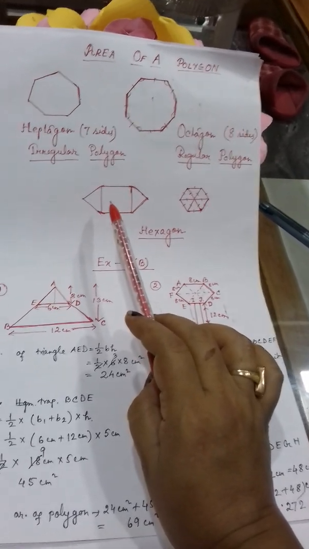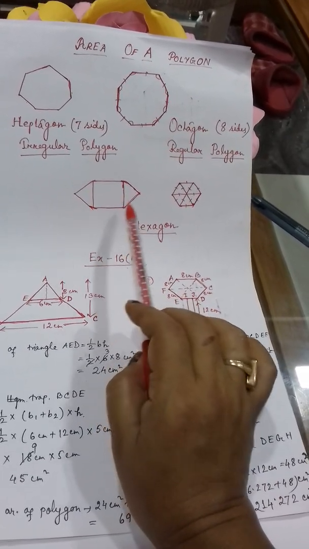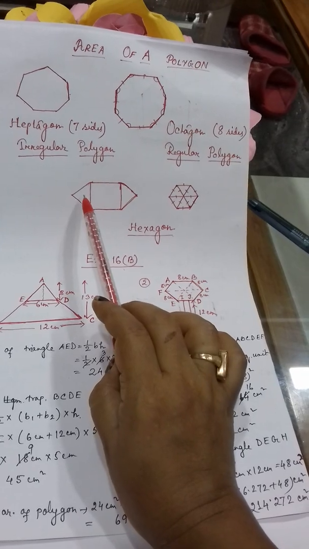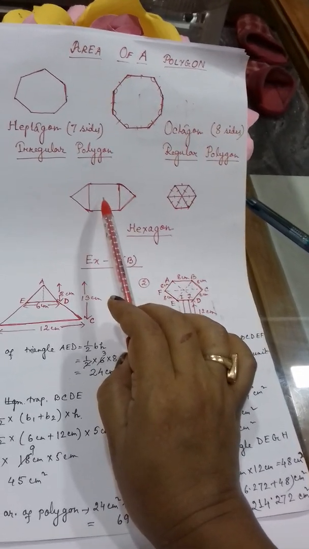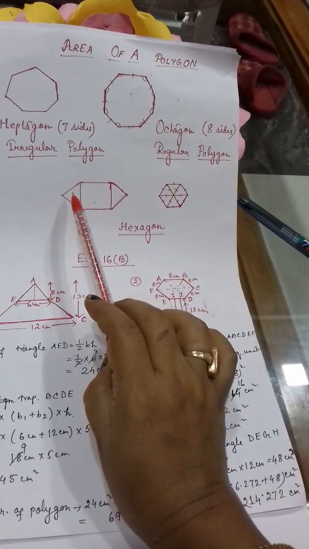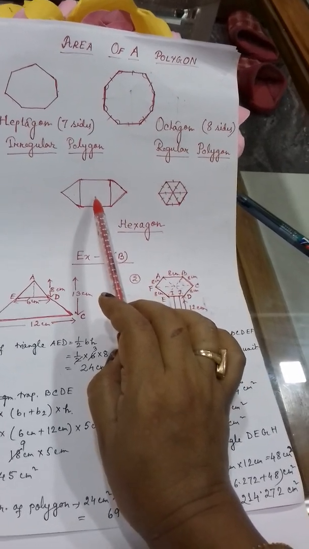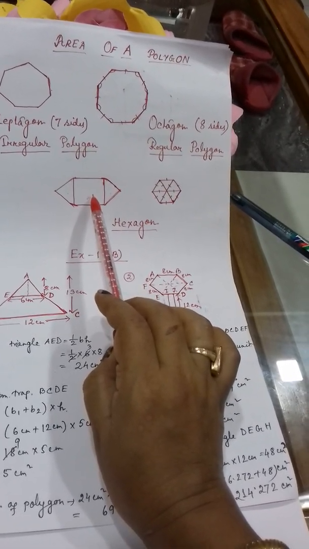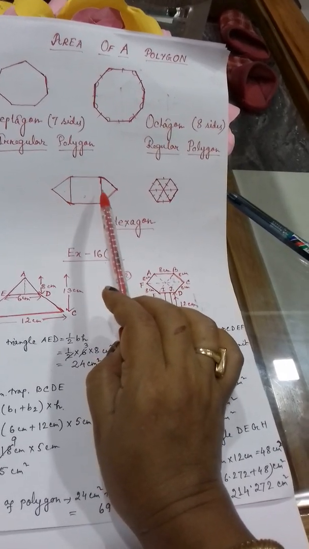So in that case you have to make the parts of this hexagon in this way. That means you can make it 2 triangles and 1 rectangle. So when you find out the area of this hexagon, you will find out the areas of triangles separately and area of this rectangle separately. Then you will join all the areas, clear?